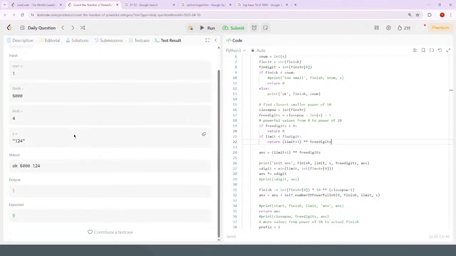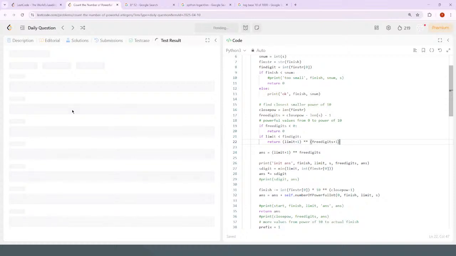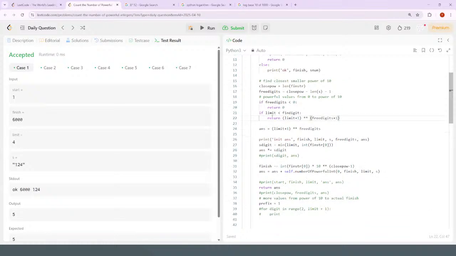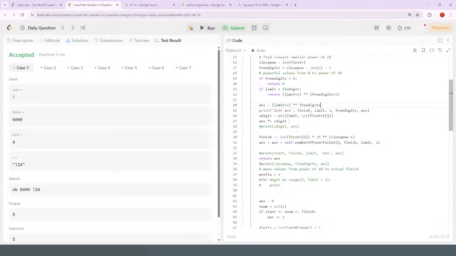I think this should be free digits plus 1. So for 124, limit plus 1 is 5, and 5 to the power of free digits plus 1, I think. Okay. And then if it's not, then you have to do all this other jazz.